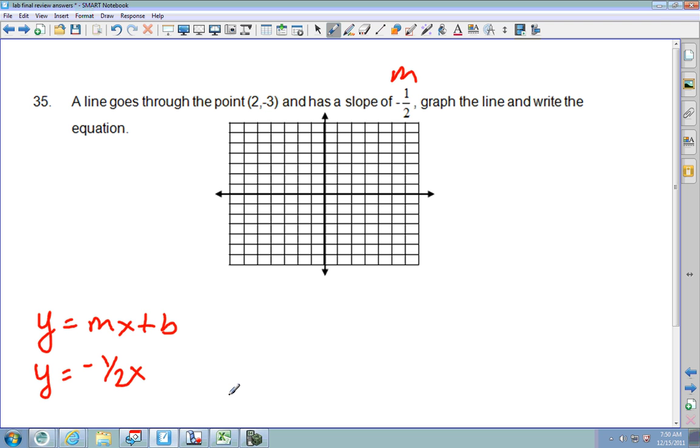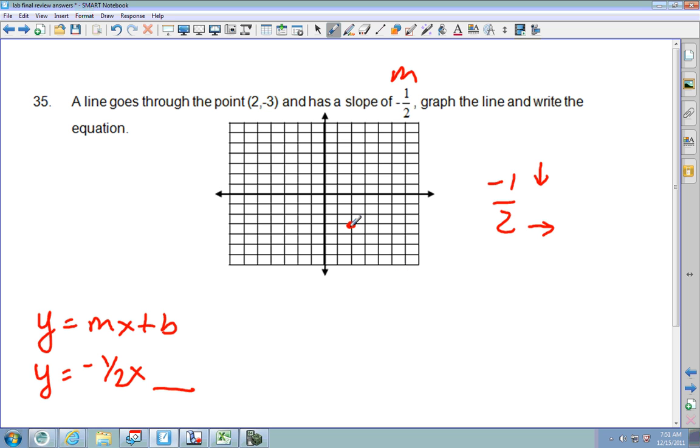I need to find the y-intercept, though. So let's plot the point (2, -3). I go over 2 and down 3, and put a dot. Now my slope is -1/2. How does that tell me to move? Down 1 and to the right 2.